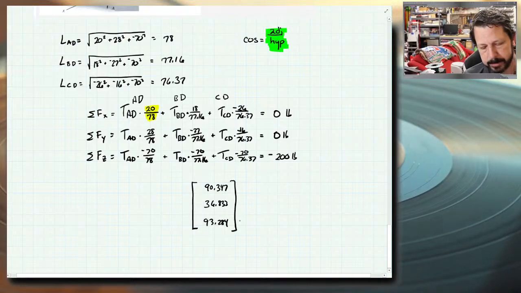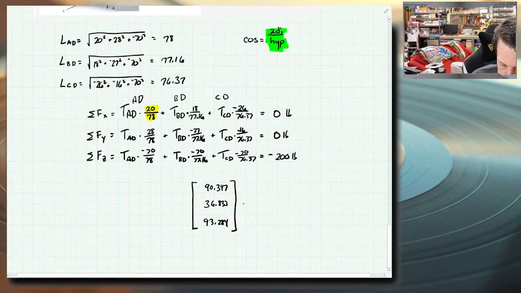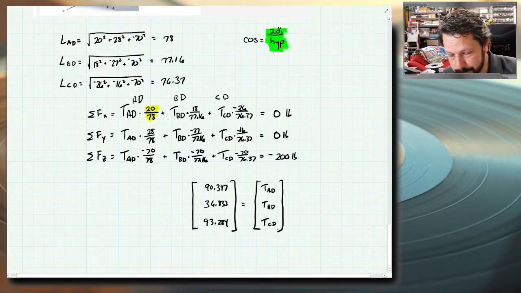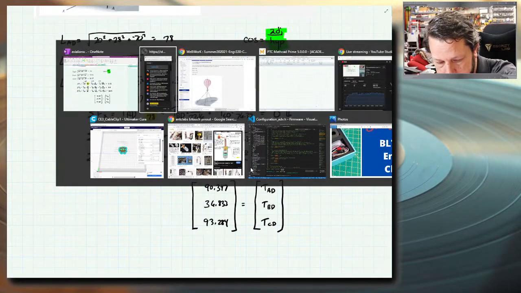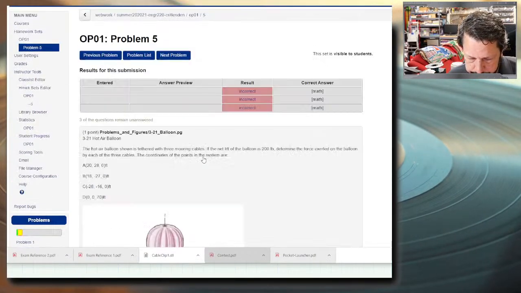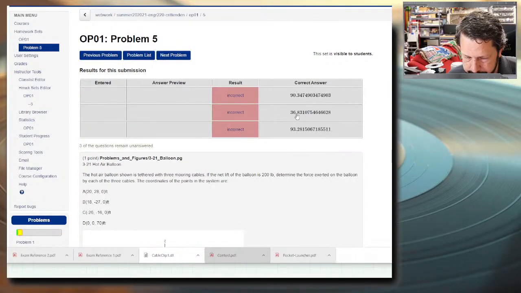Now, my calculator just says X, Y, and Z, but this is the matrix TAD, TBD, and TCD. Now, let's see if any of those numbers are right. So that's always a scary part. Yeah, those look right. 90, 36, and 93. That's what we got.